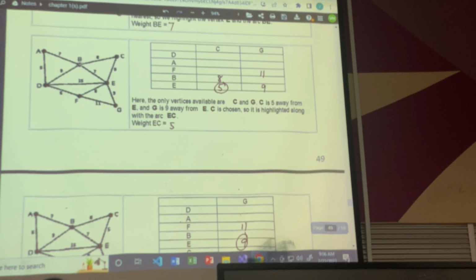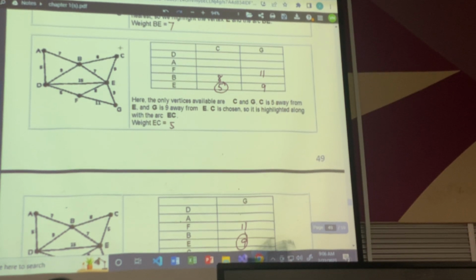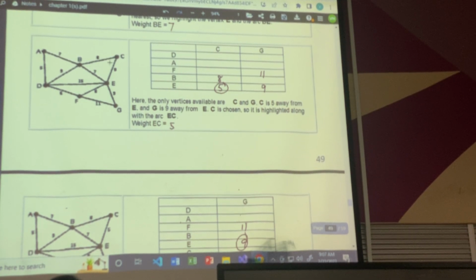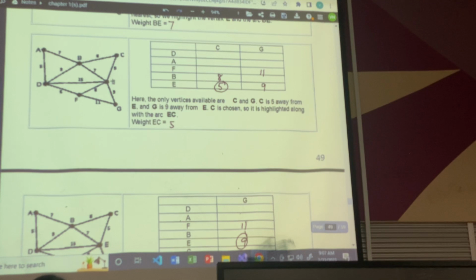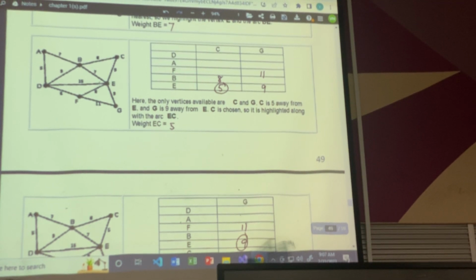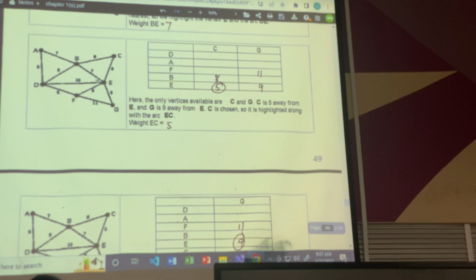Let's say you already chose BC, you already chose BE. Now can you still choose CE or not? Of course you cannot, right? Because if you already have BC and BE, and you still choose CE, it will form a cycle already. And just now we already defined that if it is a tree, it cannot have a cycle, right? So you need to choose the one with the minimum weight and without a cycle.